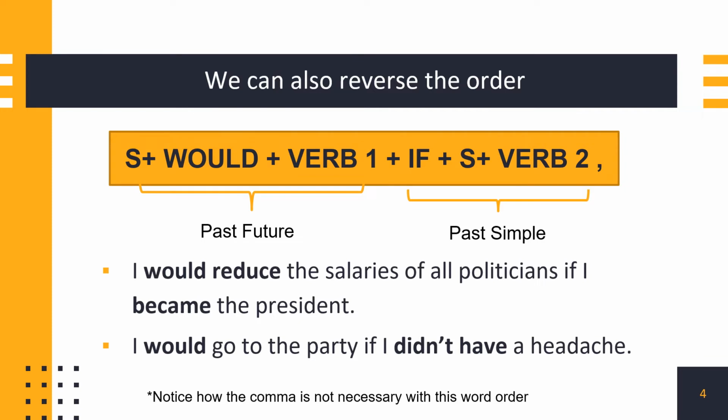The formula will be subject plus would plus verb 1 as the main clause, which is using past future, and then it is followed by if clause, which consists of if plus subject plus verb 2. It is using past simple. And then at the end, we need period or full stop. That's not comma, I'm so sorry. Let's see the example. I would reduce the salaries of all politicians if I became the president.